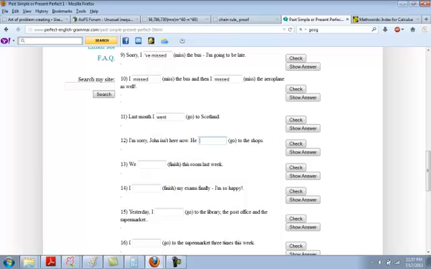I'm sorry, John isn't here now. He's gone to the shops. He has gone to the shops. Because he has gone to the shops, now he's not here, so we use present perfect.